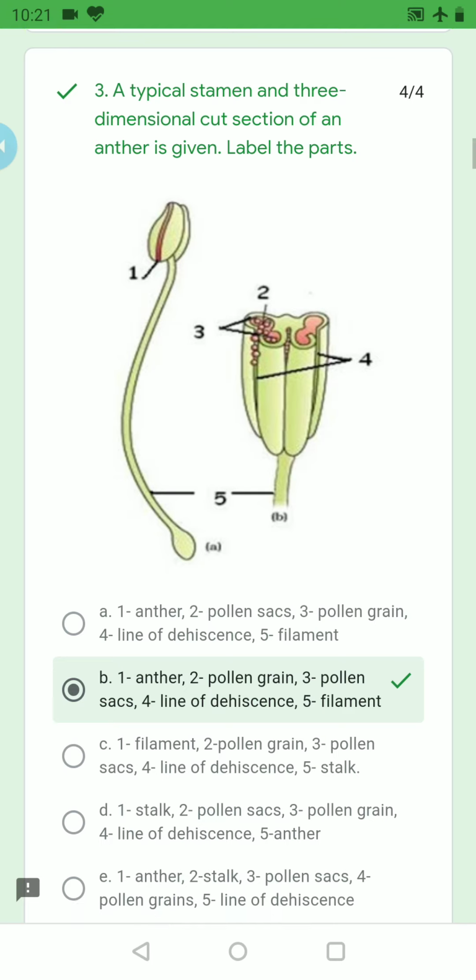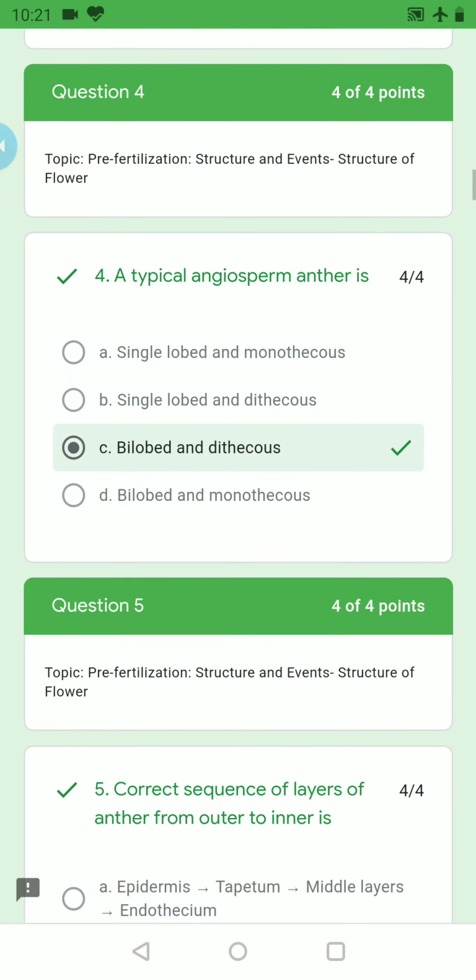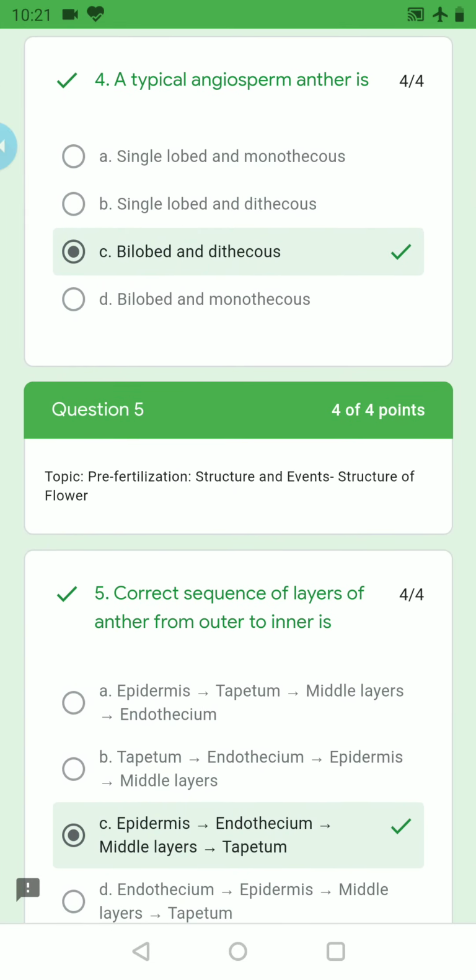The next question, the fourth one: a typical angiosperm anther. You know very well that while discussing the typical angiospermic anther, we said it is bilobed. We also said that the terminal portion generally has a bilobed club-shaped structure called the anther, and bilobed means two lobes.